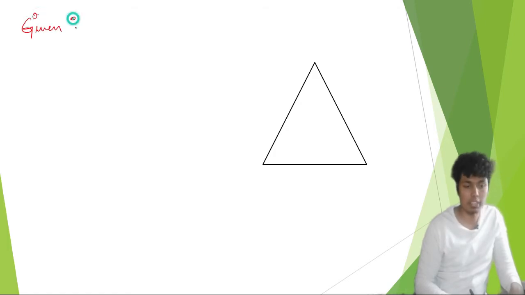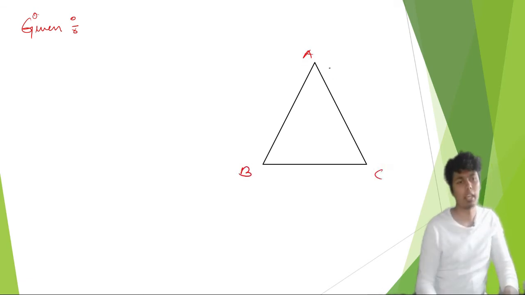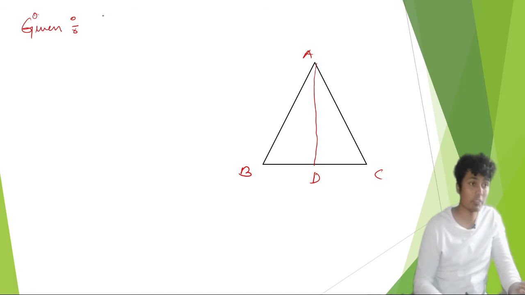What is given? A triangle ABC is given. So given, we are given with the internal bisector AD. AD bisects angle BAC.